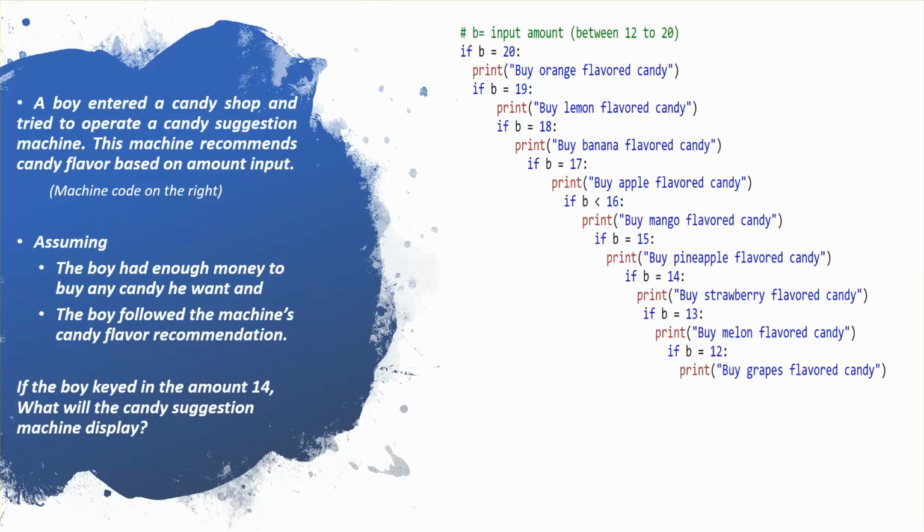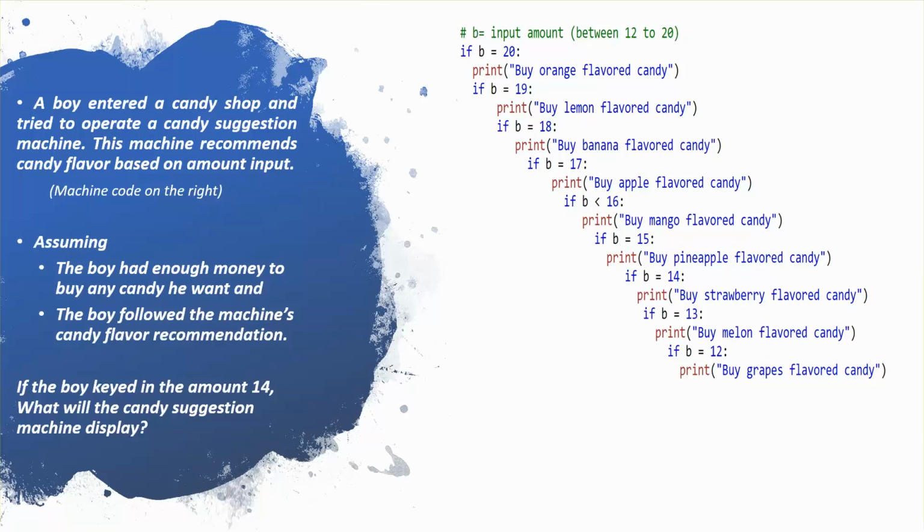Here's the last one. A boy entered a candy shop and tried to operate a candy suggestion machine. This machine recommends candy flavor based on amount input. Assuming the boy had enough money to buy any candy he wanted, and the boy followed the machine's candy flavor recommendation.